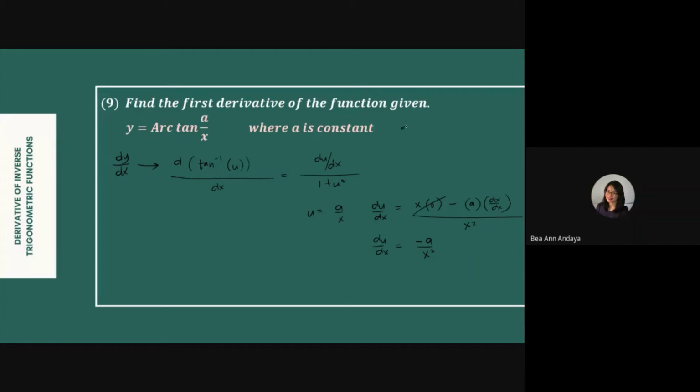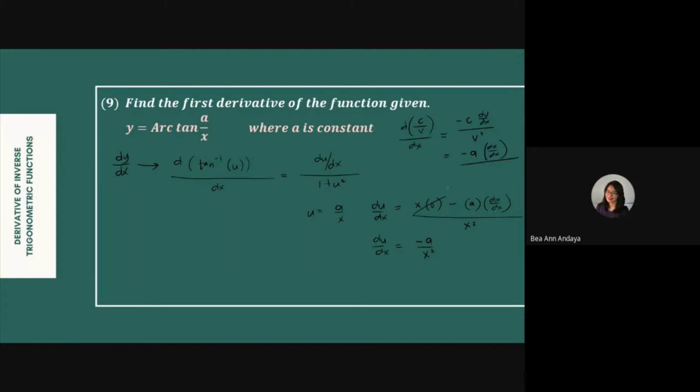Applicable pa rin dyan yung formula natin for the derivative of a constant over a function. Let's say the derivative of a constant c over a function v with respect to x. Hindi ba't equal ito sa negative c times the derivative of v with respect to x, divided by v squared. So, kung ipa-plug in mo na yan directly, ang ating constant ay a, so that is negative a, and then the derivative of v with respect to x is dx over dx.